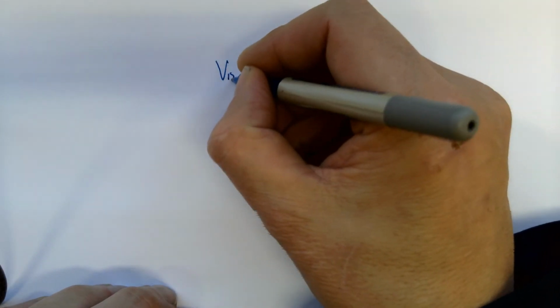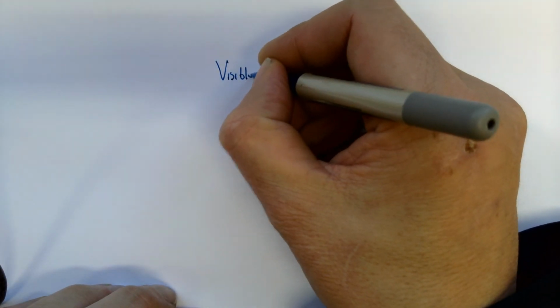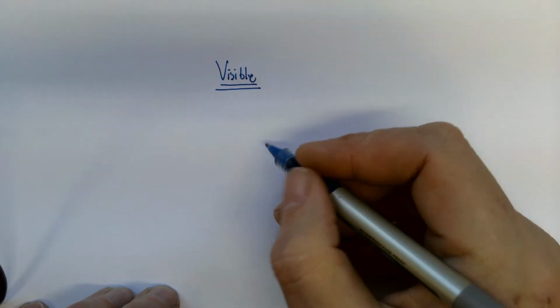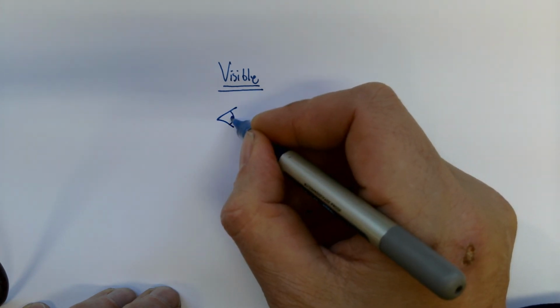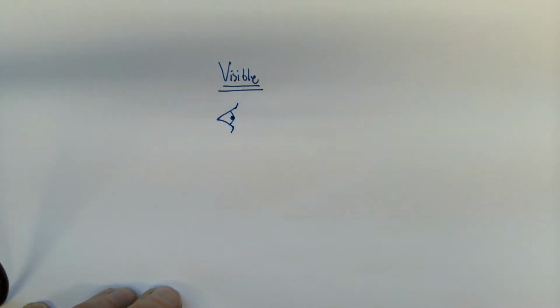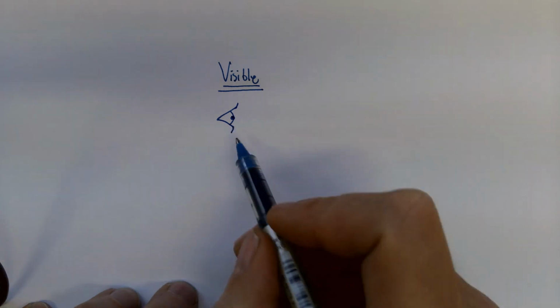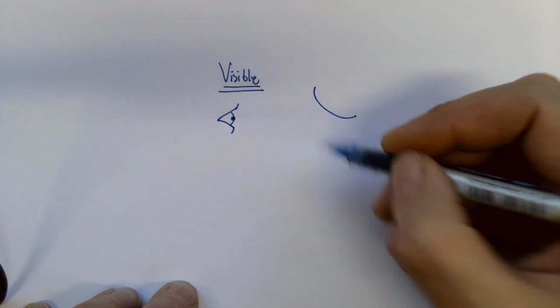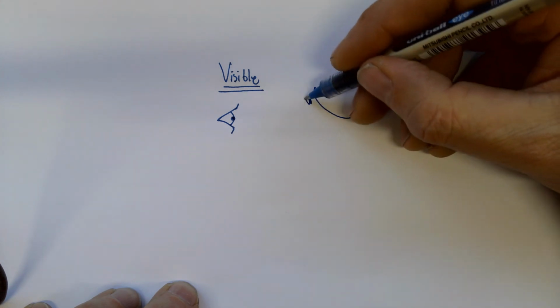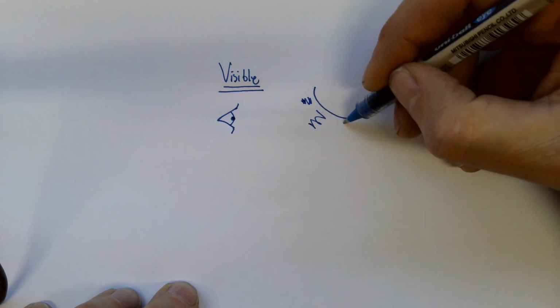Okay, next one, visible light. Visible light is what you're used to. That's what our eyes can see. So things that can detect visible light are basically your eyes. There's a reason for this though. If you've got the sun, it is going to give off all different wavelengths.